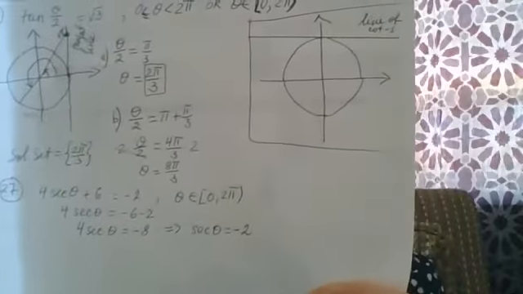I definitely can right now immediately start looking for theta for which secant is equal to negative 2. But if you had a choice between secant, which is one of the 6 trigonometric functions, or cosine, which one would you choose? Cosine.